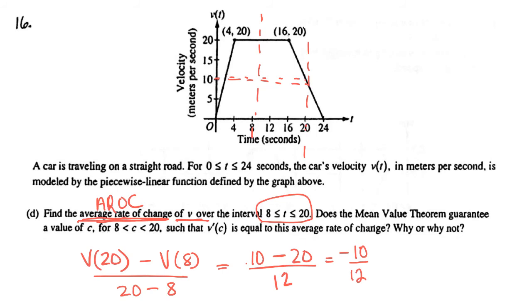Okay, now it says, does the mean value theorem guarantee a value of C? So mean value theorem, when you see this, we've only briefly talked about it. We've not spent a tremendous amount of time using it for a justification. All that mean value theorem says is, is V at t differentiable over the given interval?